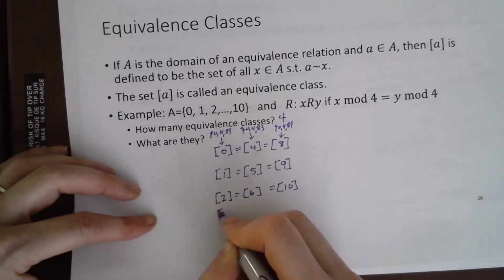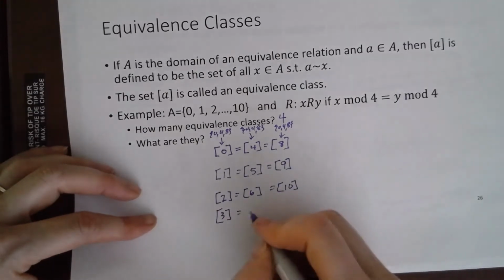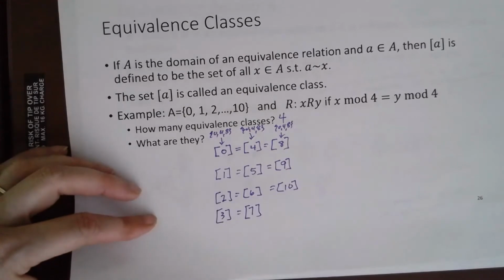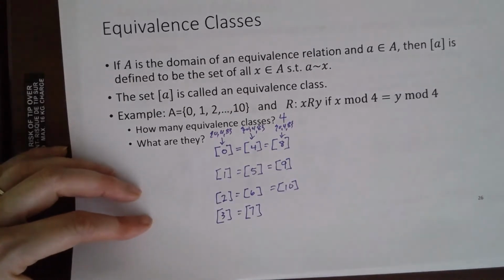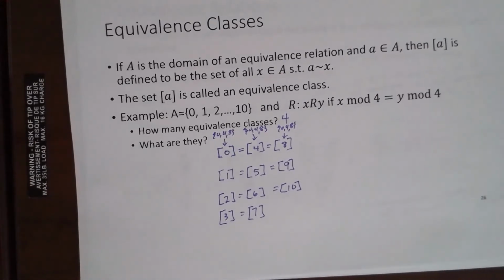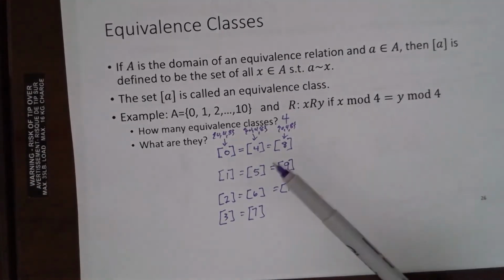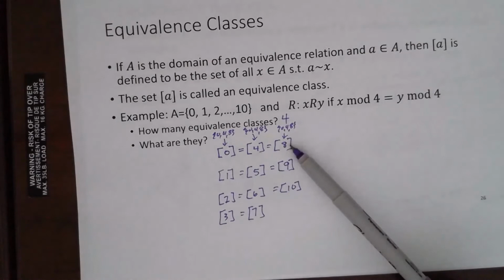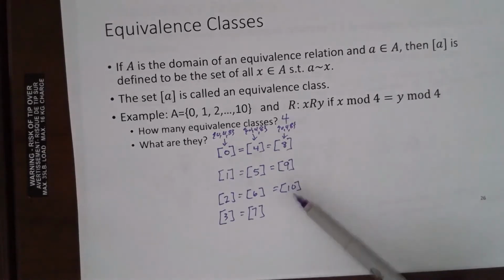And then our elements related to 3, that would be the same as 7. Okay. So we could use anything we wanted for the equivalence classes. We could say there's 4 equivalence classes, and call them bracket 8, bracket 9, bracket 10, and bracket 7. But in this context, probably not the way that we would name them.